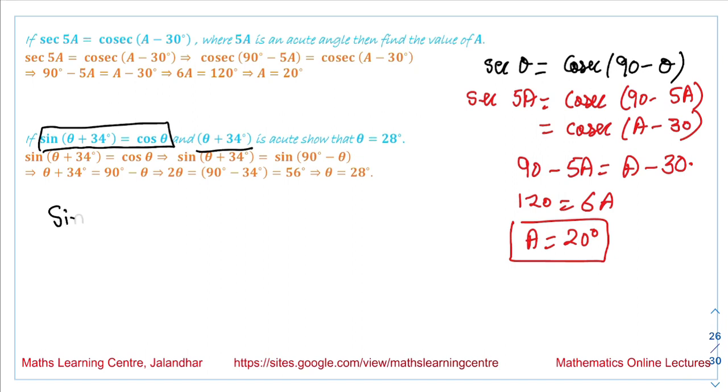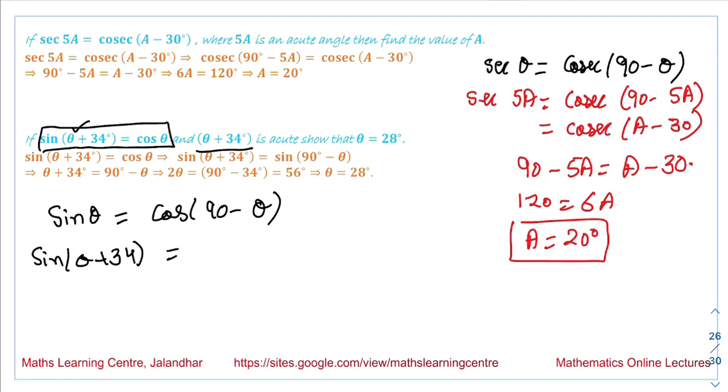So how are we solving this? We are saying sine theta is equal to cos of 90 minus theta. In place of theta, suppose we are writing theta plus 34. So that will be equal to cos of 90 minus theta plus 34.